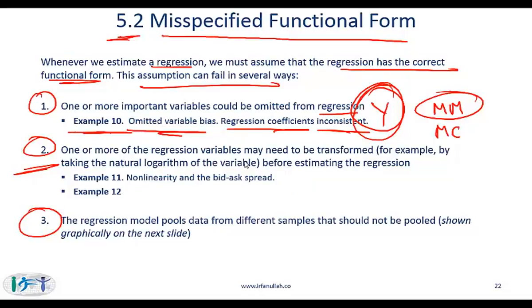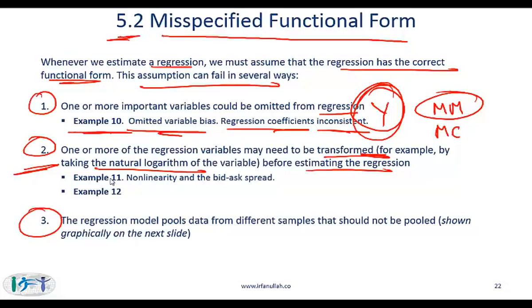Okay, then the second scenario. One or more of the regression variables may need to be transformed. For example, taking the natural log before estimating the regression. Okay, that again is obvious. Given the nature of the data, a transformation might be necessary. Is it conceivable that somebody who isn't too fond of mathematics but wants to run a regression is scared of the E and the log and all that, so he just runs his regressions using basic data without the transformation?